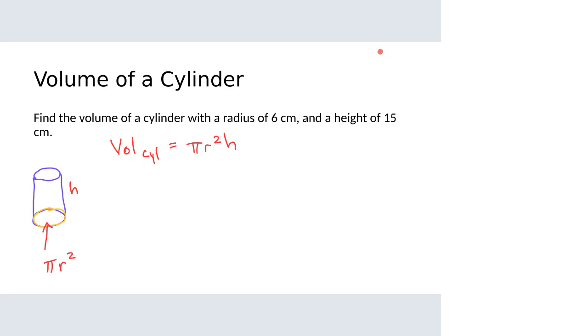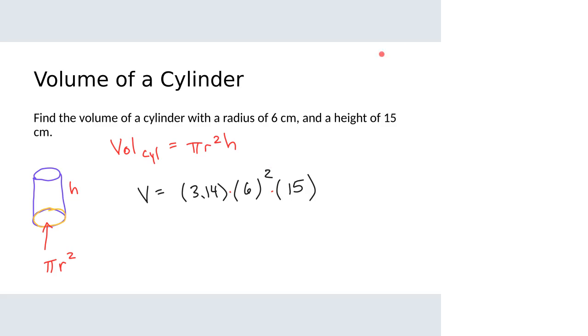So here, if we want to find the volume of a cylinder with a radius of 6 centimeters and a height of 15 centimeters, the volume will be pi times the radius, which is 6, squared, times the height, which is 15. We have to be a little bit careful with order of operations here. We have multiplication and we have an exponent, and that exponent has to be done first.